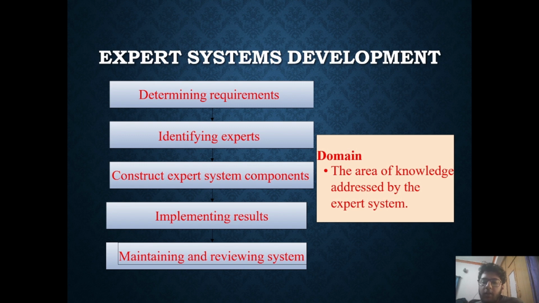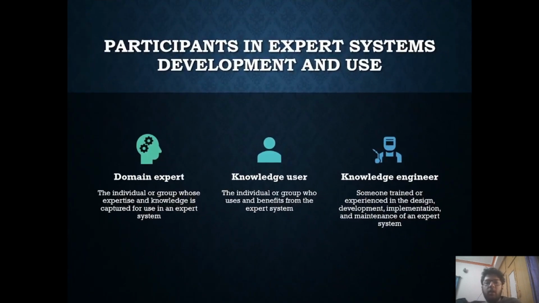So the area of knowledge is the domain for the expert system. So this is limited to that particular field. And coming to participants in the expert systems and its development. So a domain expert is someone who has a particular experience in this particular field, and the individual or group whose expertise and knowledge is captured for use in an expert system.